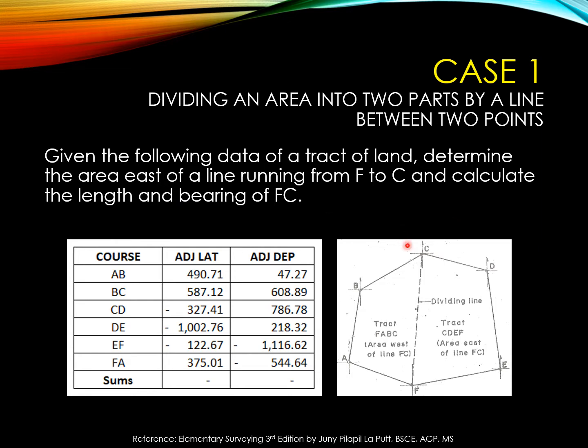So we know point C and point F. We will be having a dividing line, which is line FC here, and then we need to determine the area east of the line. So the area east of the line is here. We need to know the area of this one.